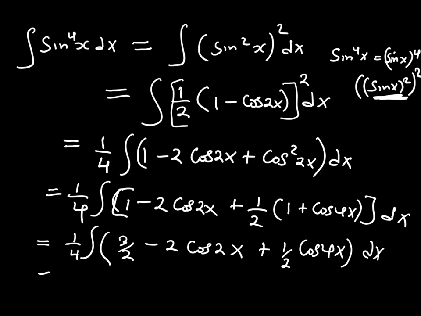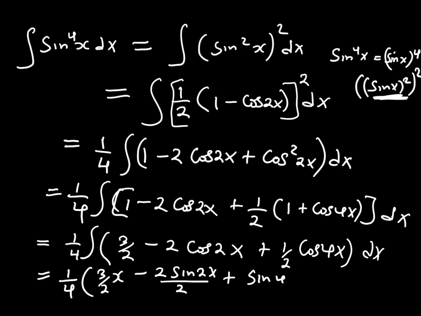And we get a quarter. This is going to be 3 over 2 of x minus 2 sine 2x over 2 plus sine 4x over 8, then plus a constant of integration.